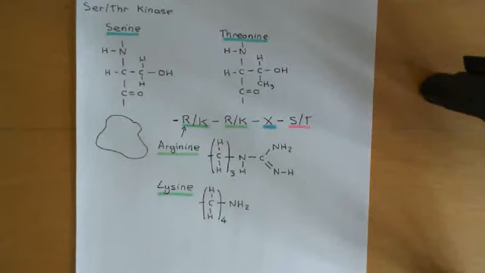Okay, so welcome back to this next video in which we are discussing cyclic AMP signaling. We've just been discussing the GS cascade, and we've discussed that a GS coupled G protein coupled receptor can activate GS heterotrimeric G proteins.